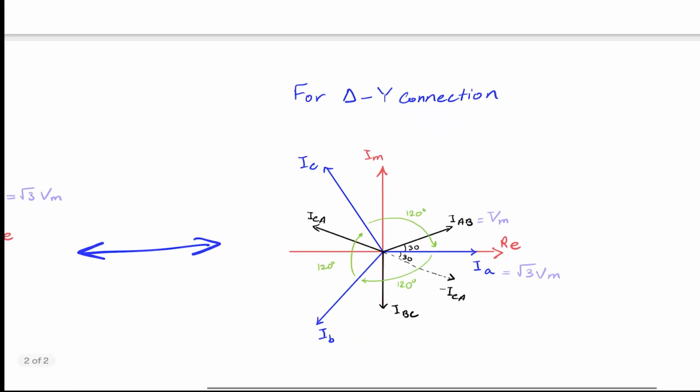And due to these 30 degrees, as it is clear, the magnitude of IA will be radical 3 times IM. If IAB, for example, has this magnitude, then IA will have radical 3 of that magnitude.